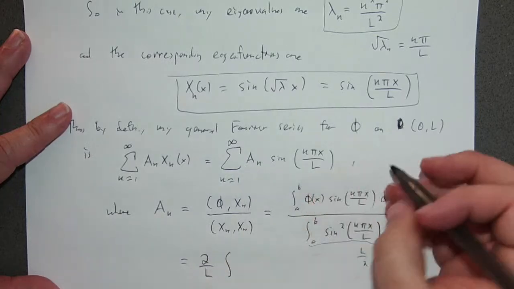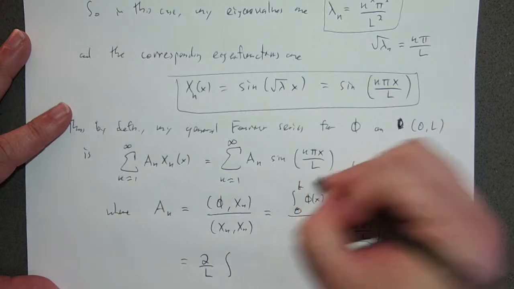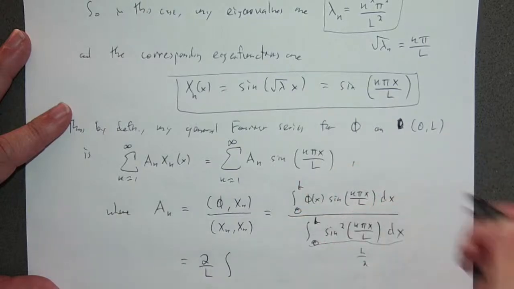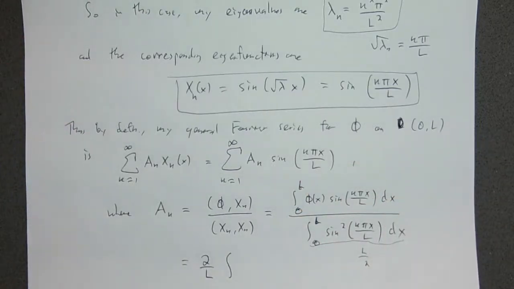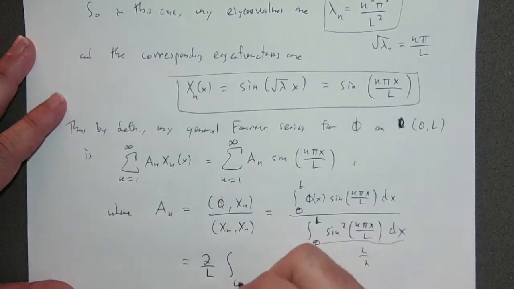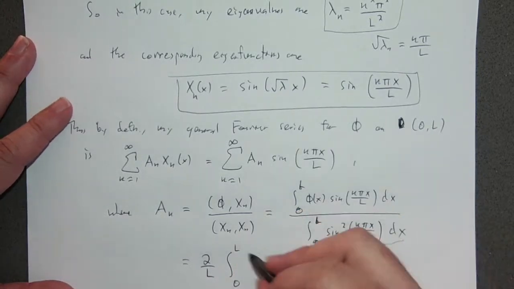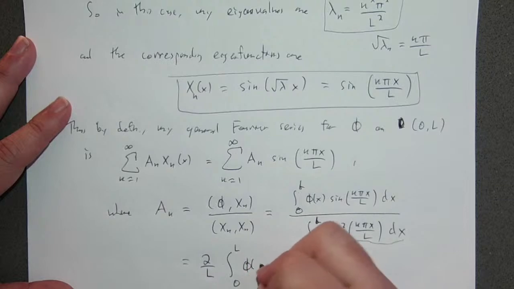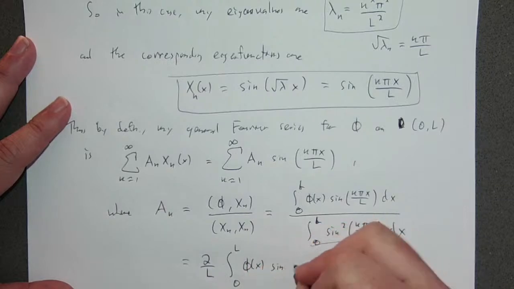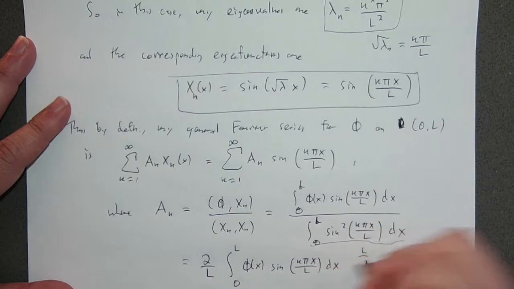Sorry, this a to b is actually 0 to L. Let's be nice. There we go. So this is 2 over L times the integral from 0 to L of phi of x times sine of n pi x over L dx.